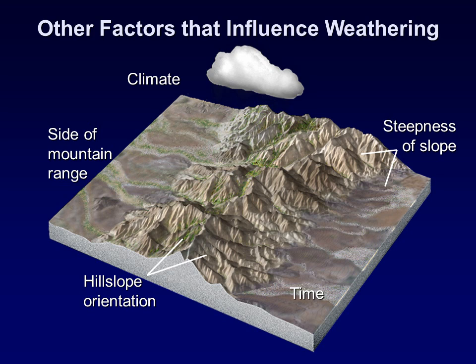So are you feeding the groundwater? Is it soaking in, or is it just running across the surface? Are you able to retain soil, or does that get carried away with the runoff? And then similarly, the steepness of slope will determine what type of vegetation will be able to grow there. And then finally, time. With additional time, you're able to have increased soil development.